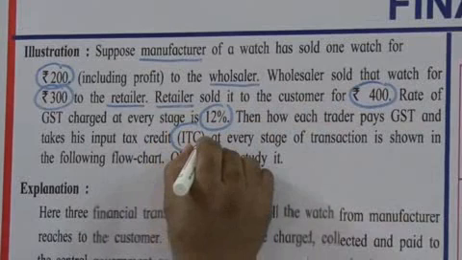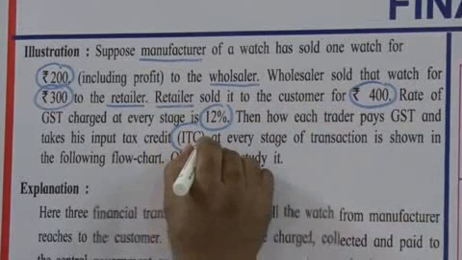Now what is the transaction? Manufacturer to the customer. And in between these two, from top to bottom, there are the wholesaler and retailer. Now the GST is 24 rupees plus 24 rupees, that is 48 rupees. It is to be charged because the final transaction is 400 and on this 400 we are charging 12% of GST.